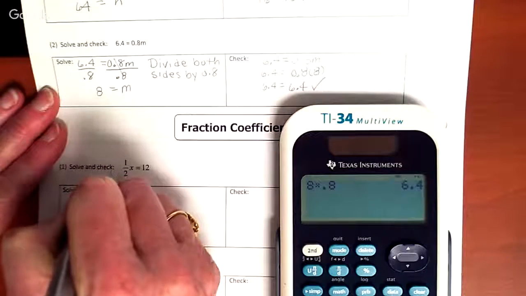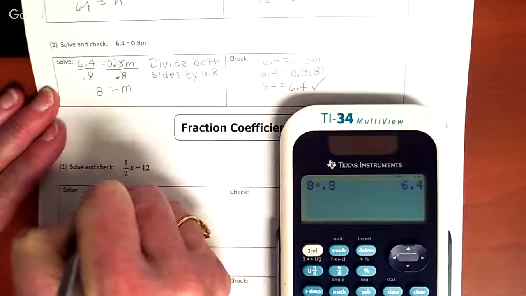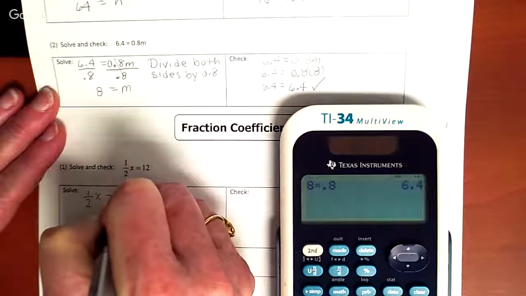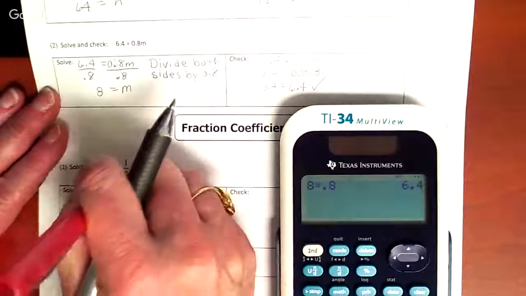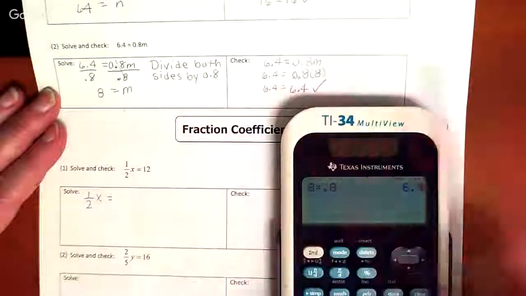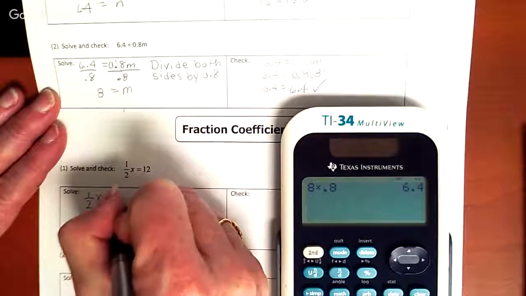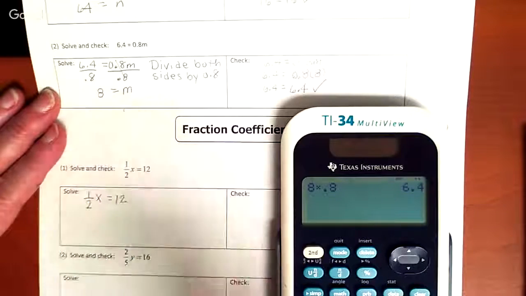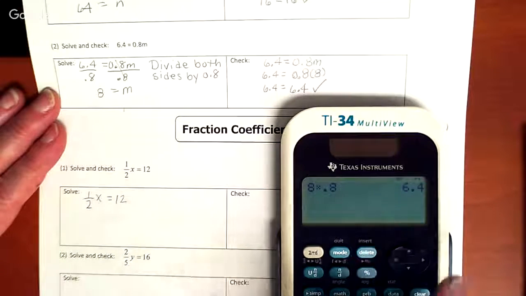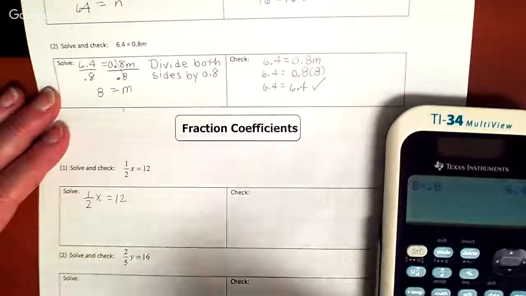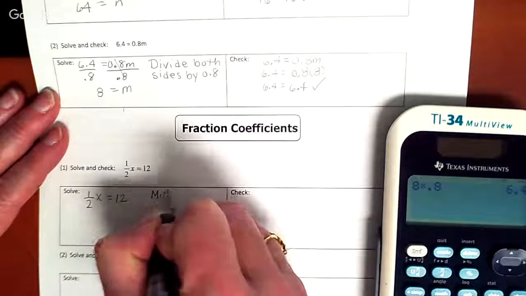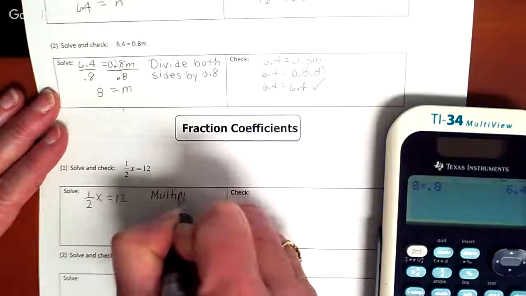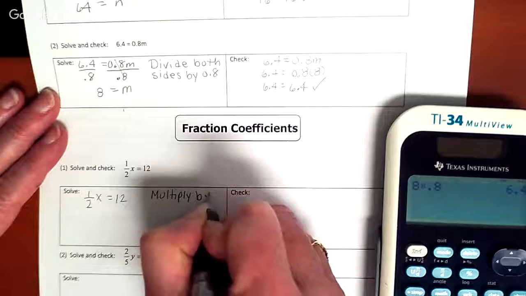We have 1/2 x equals 12. Here, because they are fractions, ladies and gentlemen, we are going to multiply by the reciprocal.